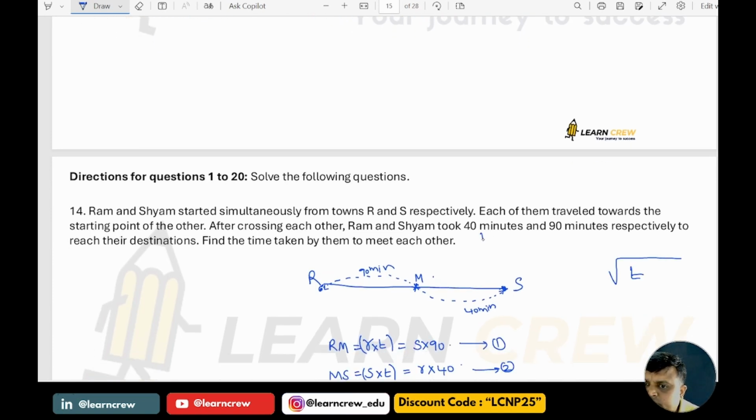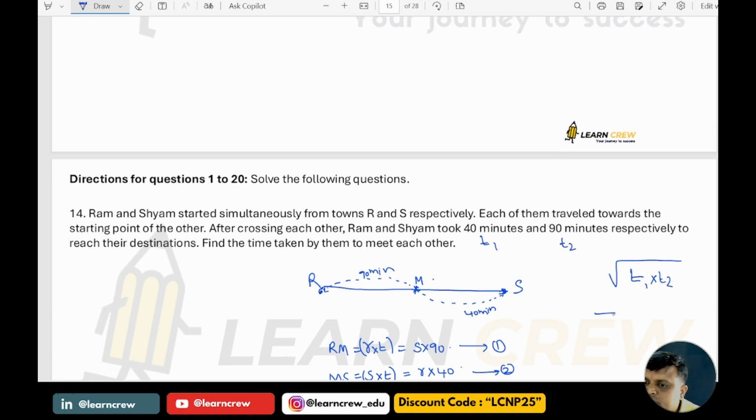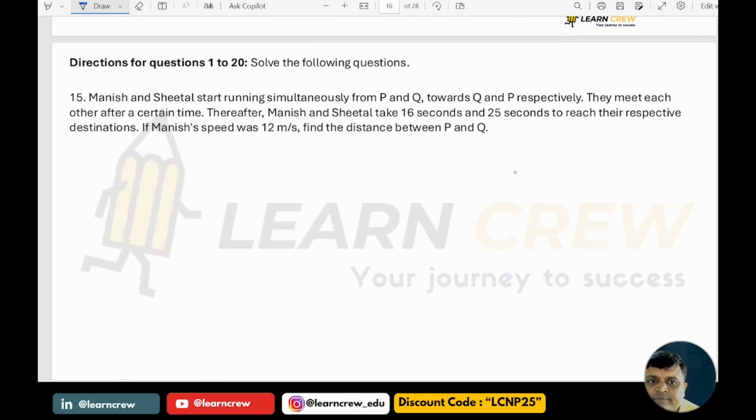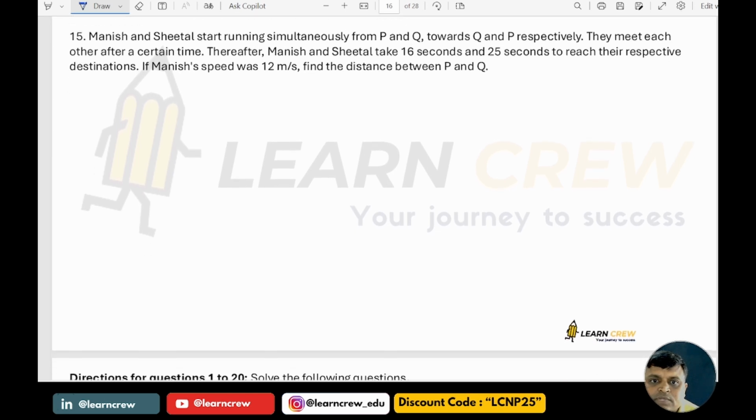Root over T1 into T2, which is root over 90 into 40, which you got as 60 in our previous question. The same way here, thereafter, Manish and Sheetal take 16 seconds and 25 seconds to reach their respective destinations. So now what would be the time after which they meet? It is equal to root over 16 into 25.